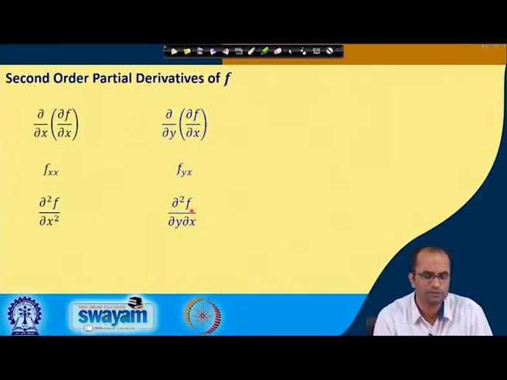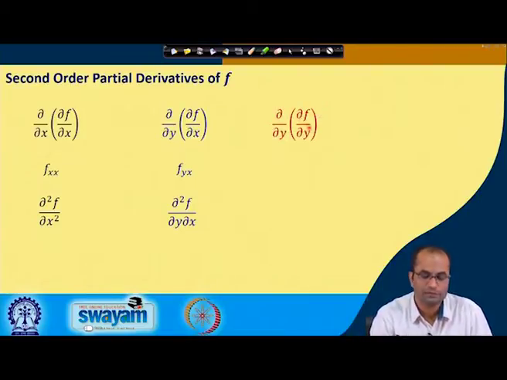We will be following this notation: the partial derivative with respect to x and then once again the partial derivative with respect to y. We will keep this order, f y x and del 2 f del y del x. This means first the partial derivative with respect to x and then with respect to y.